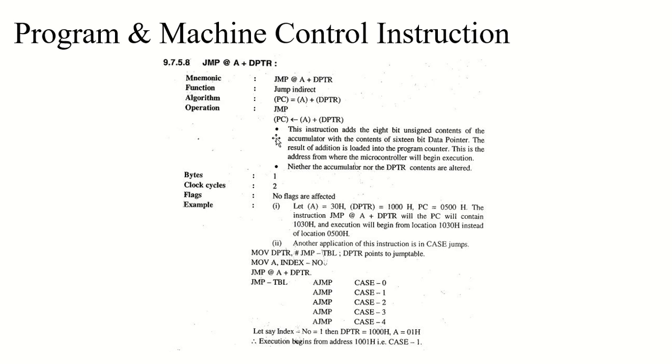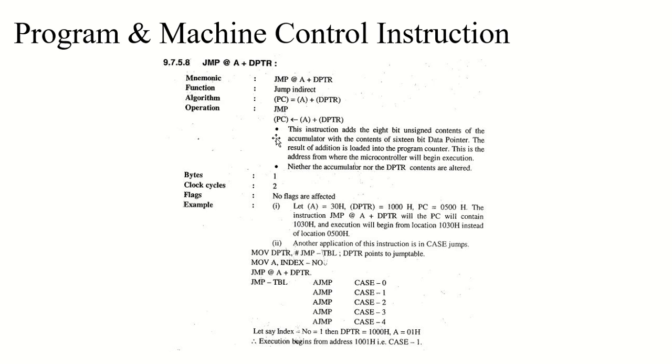Let's see an example of it. Let's say the accumulator contains 30H, and I'm saying 30H because it is the 8-bit unsigned content that we want. Then the data pointer, which is 16 bits, contains 1000H, and the program counter contains 0500H.